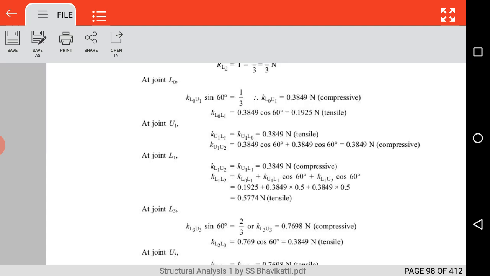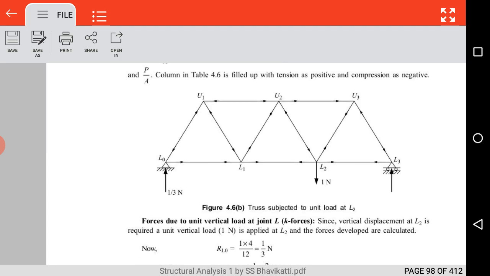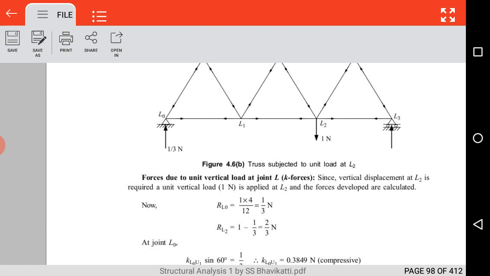Now by applying the unit load at the point L2, that is, by applying a 1 kilonewton force at the point L2 and calculating the member forces for all the members of the truss, we find that by taking the moments and applying the equations of equilibrium, that is summation M and summation V equals 0, the reactions at the joints L0 and L3 are found to be 1 by 3 Newton and 2 by 3 Newton.